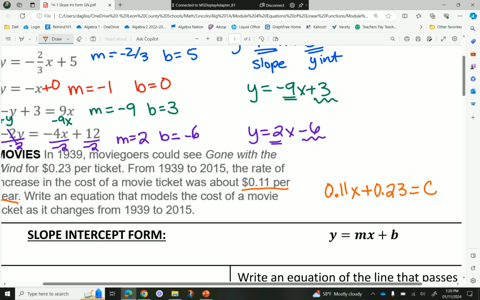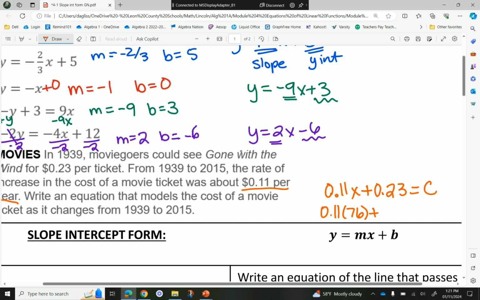All right, now it specifies from 1939 to 2015. Okay, specifically, how many years is that? Specifically, it's 76 years. 2015 minus 1939 is 76 years. Okay?